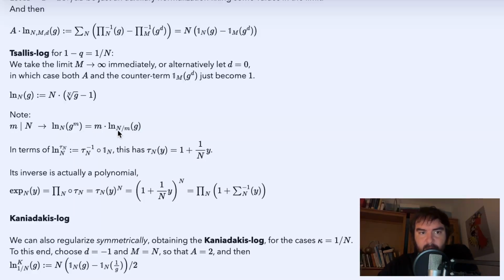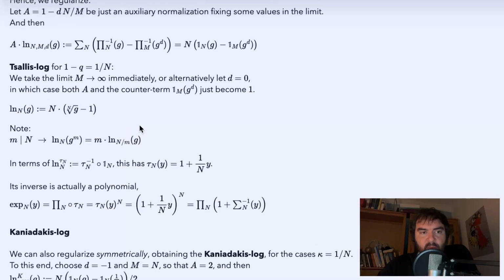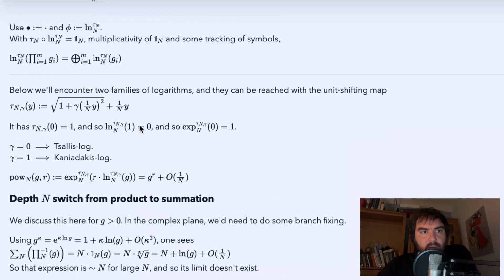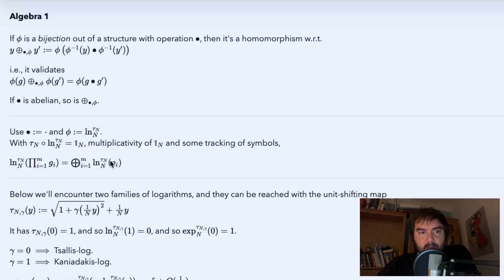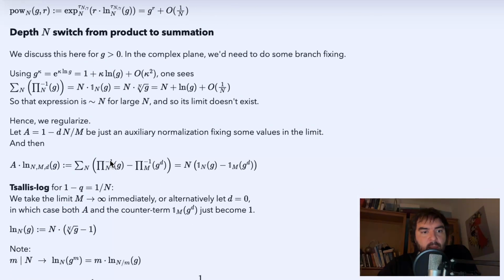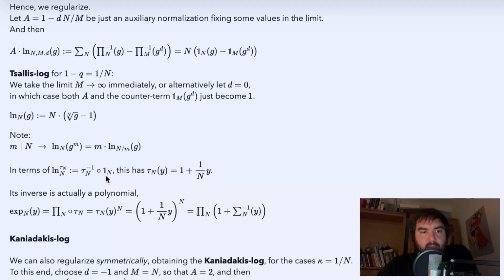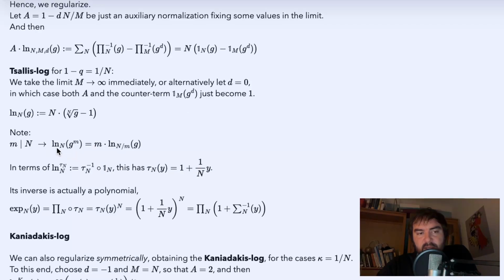This is already the property that you know from the logarithm, that g to the m, you can pull the m out. This thing is less general than this thing, but it is nice because here you see if n goes to infinity, and this will become the logarithm, for a fixed m, n over m still goes to infinity. So you see that this property shows up for the final logarithm in the end.